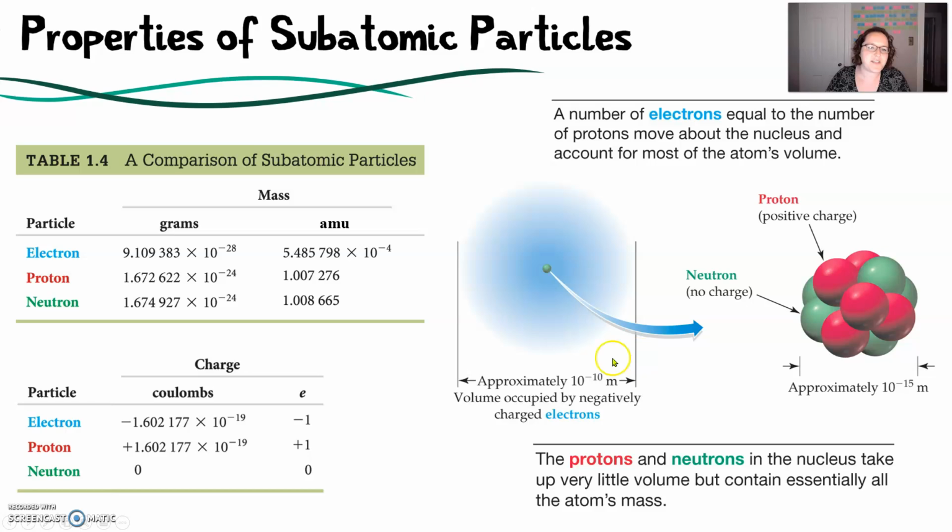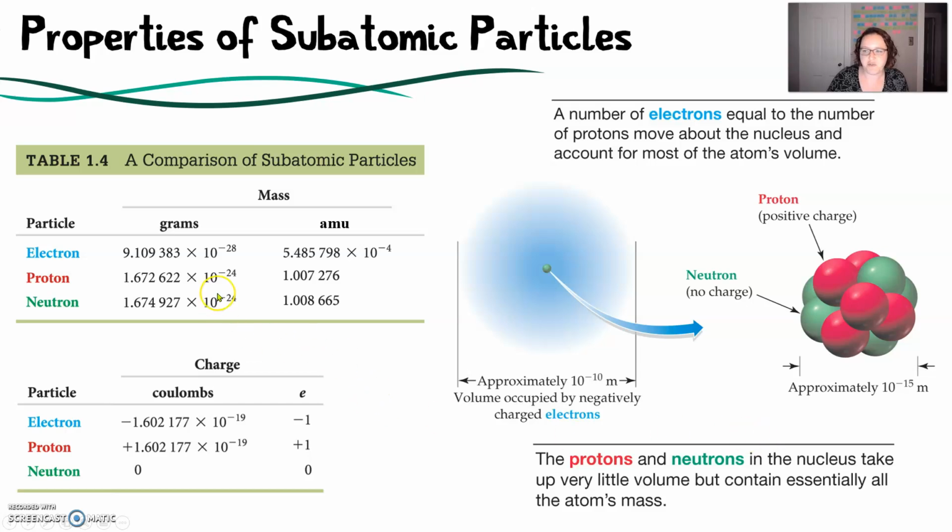The reason the nucleus is so dense is because the incredibly small volume of the nucleus contains practically the entire mass of the atom. Note in this chart that the mass of a proton and a neutron are about the same and are both 4 orders of magnitude larger than the mass of an electron. Protons and neutrons are both found in the nucleus, while electrons are found in the empty space outside the nucleus.